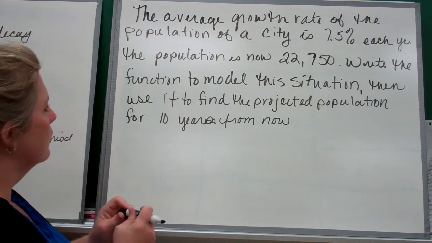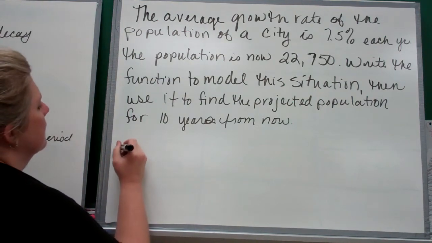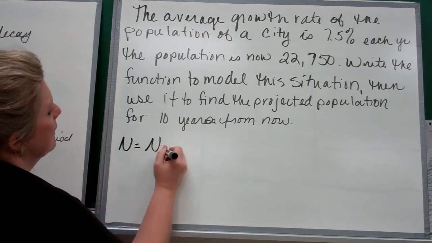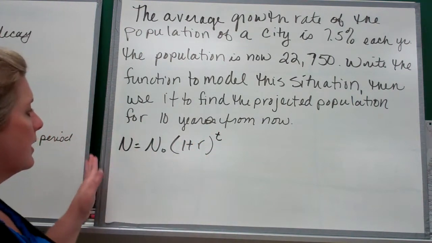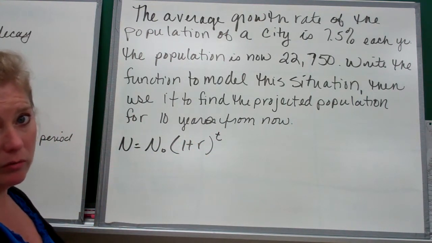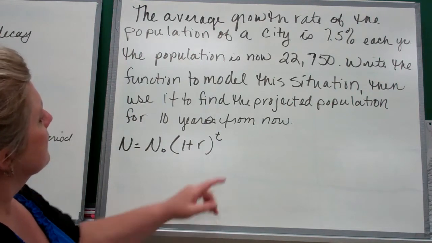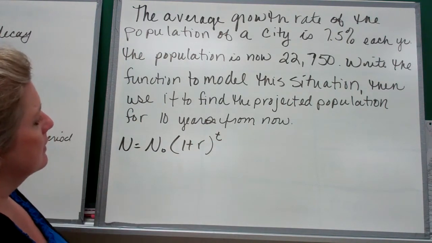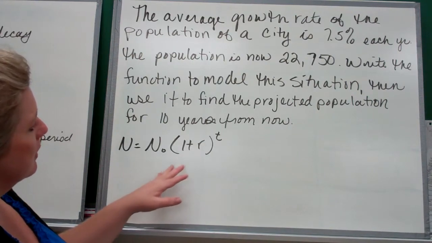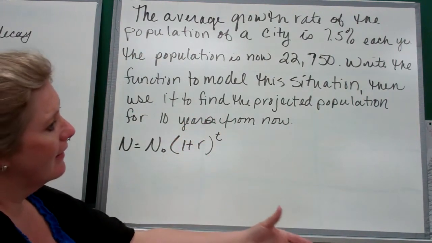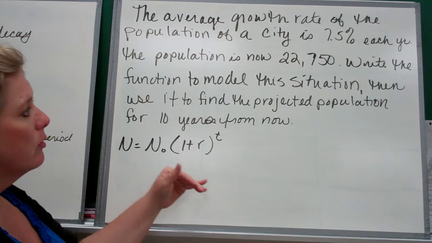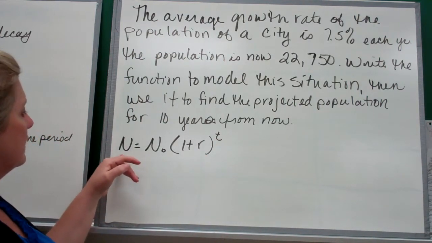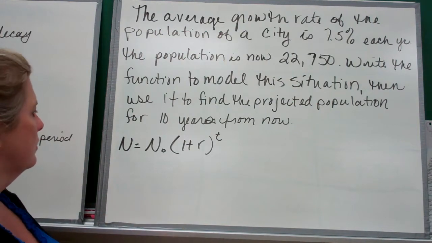So using N equals N naught (1 plus r) to the t, we're going to plug in the information that we know. t is going to be our variable because this is a function over time. So t is going to stay t until we want to use it, and N is going to stay N until we use it.